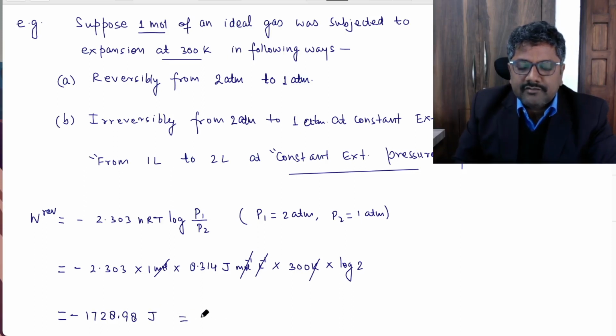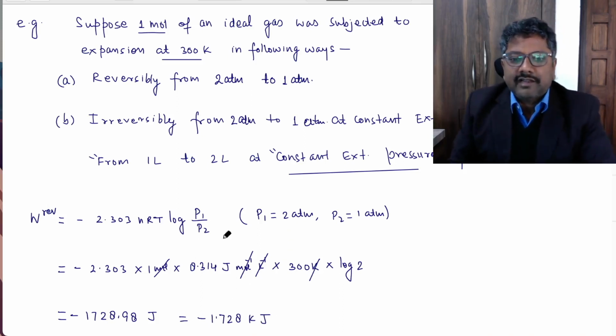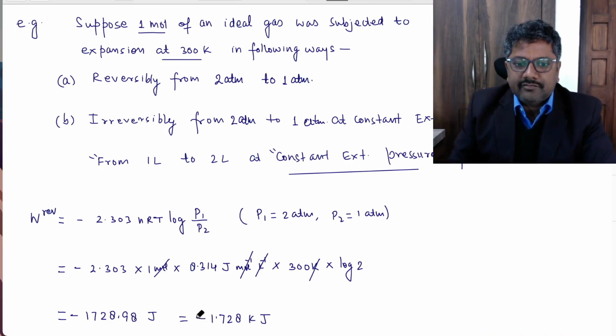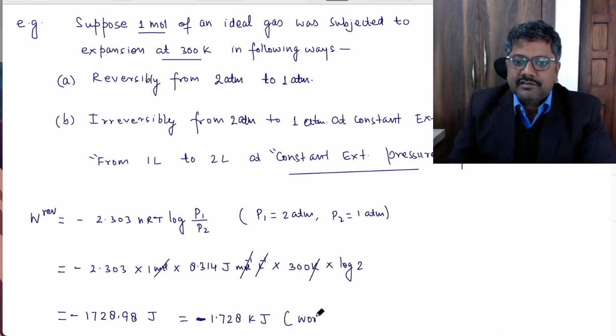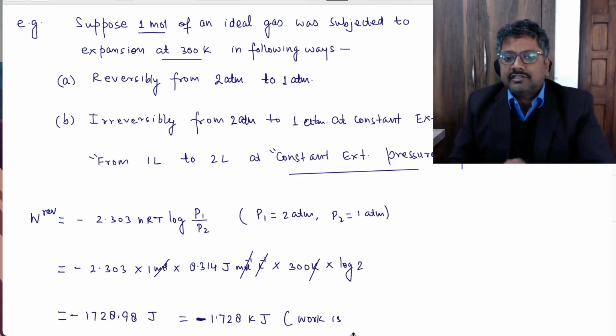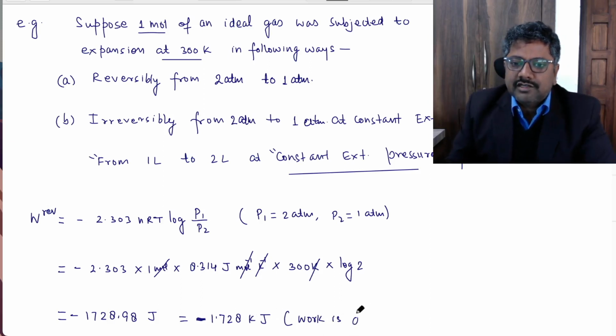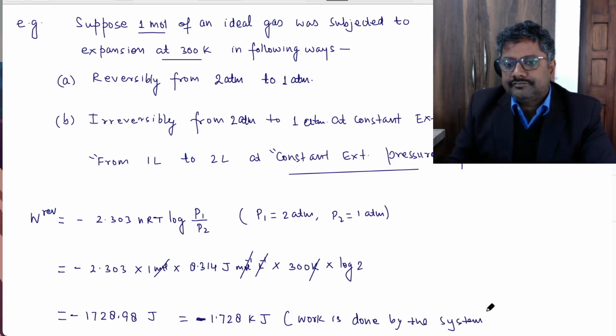So you can write minus 1.728 kilojoule, right? So this is the work extracted from the system. See, negative means work is done by the system, right? Negative means the energy of the system goes down. So work is done by the system, right?